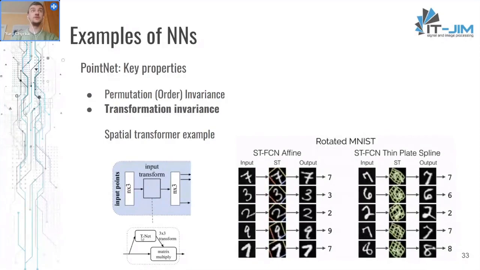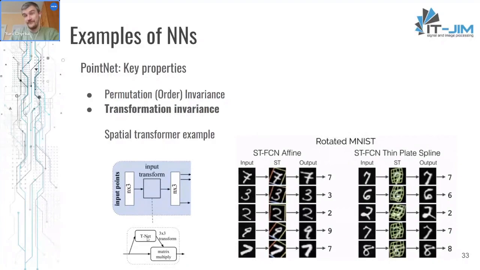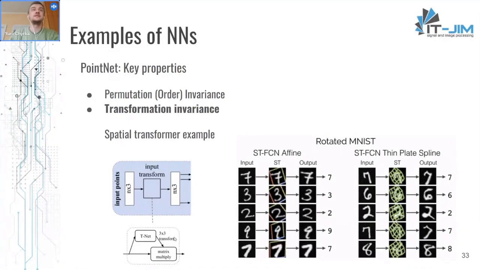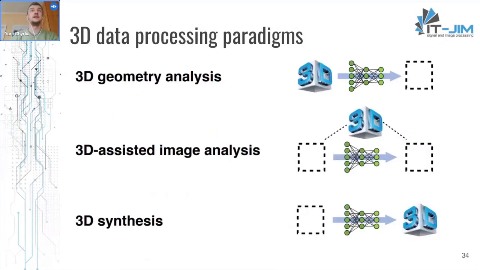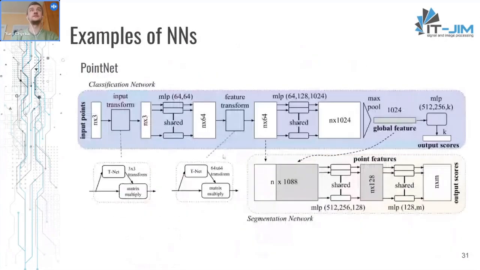It is basically a regression model, and it estimates the matrix that should be applied to input data in order to make it standardly rotated. In PointNet, such a procedure is applied two times: first on the initial input points and then on calculated features.